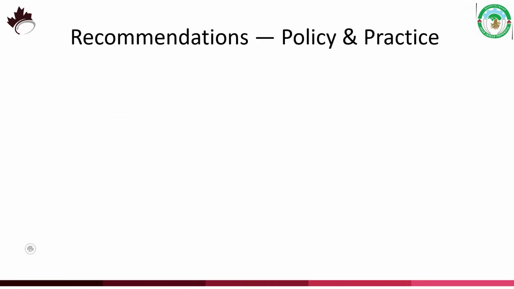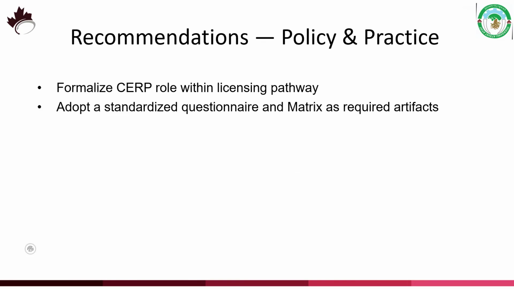So the recommendations are that we formalize this community-led environmental review panel role within the licensing pathway, and we adopt the standardized questionnaire and the matrix as required artifacts for the environmental review panel's work.